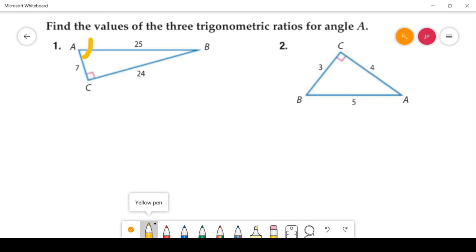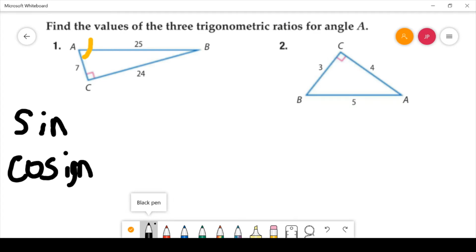I don't know how to spell it. Why am I even spelling it out? Just put cos. Oops. And tangent. And this is SOHCAHTOA.